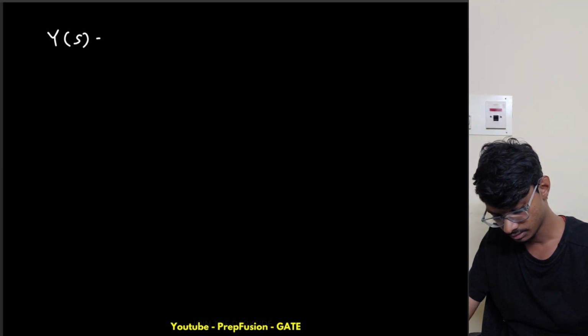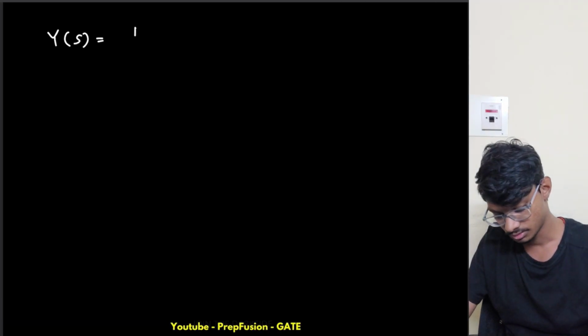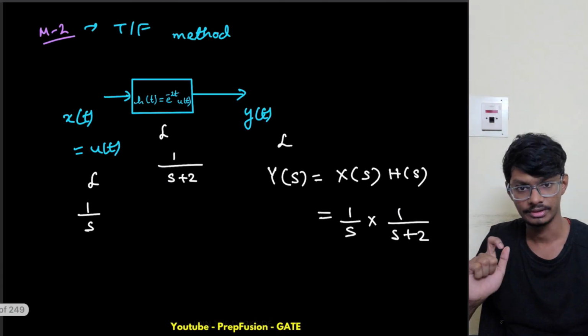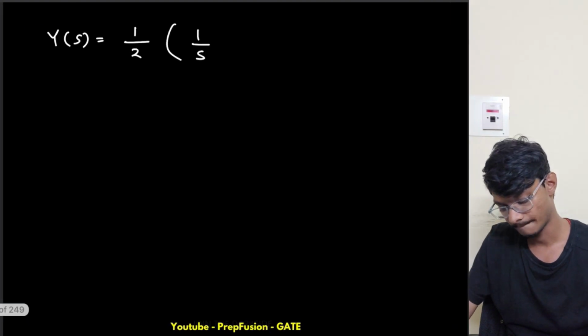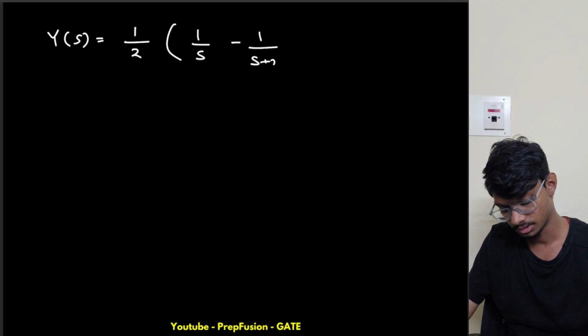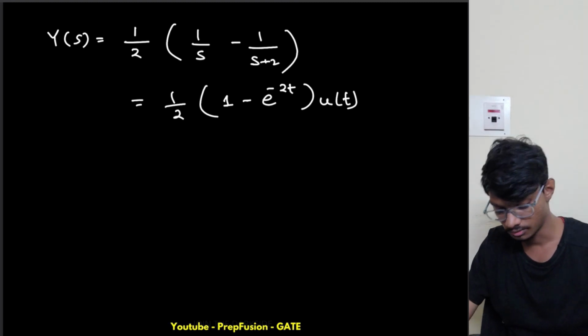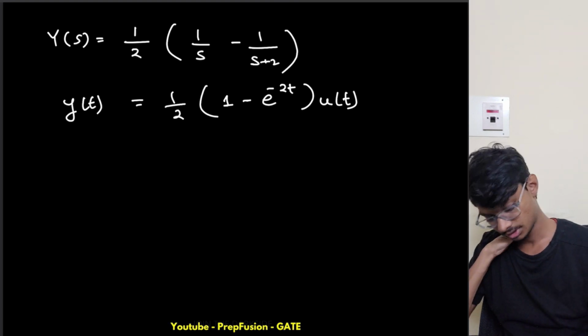So y of s equals 1 by s: putting s equals 0, I get 1 by 2, so 1 by 2 will be outside, times 1 by s, and putting s equals minus 2, I get minus 1 by 2, so minus 1 by s plus 2. So this is 1 by 2 times, this is 1 only, unit step, minus e raised to power minus 2t, into u of t. This is our y of t, so this is our step response.